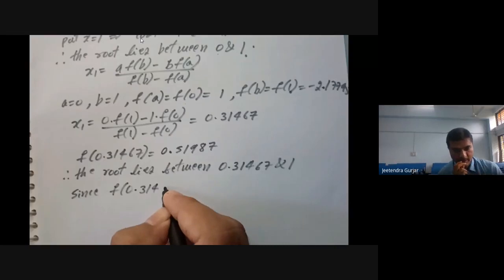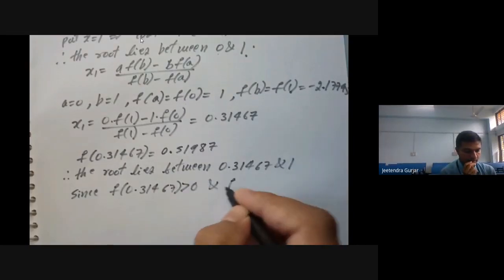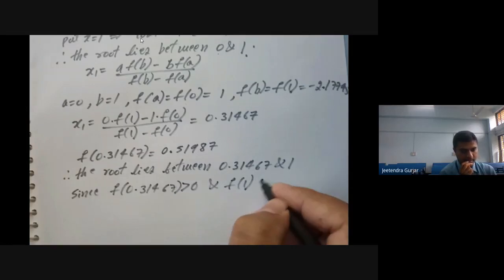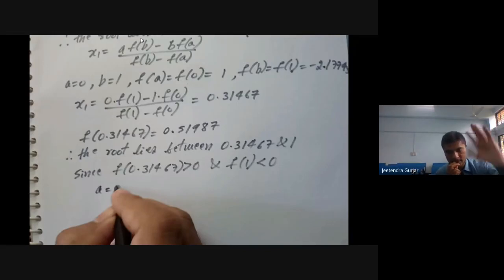Remember, you will get confused. F of 0.31467 is greater than 0 and f of 1 is less than 0. Students, remember, this is the question for everyone. Answer for all the questions.